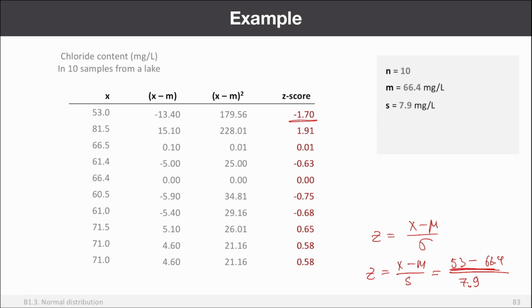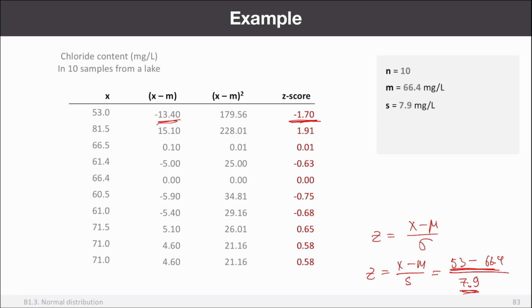This distance, minus 13.4, divided by 7.9, will be exactly minus 1.70. Then I simply compute the z-scores below. You can see that all z-scores lie within minus 2 and plus 2. That's expected because you remember that 95.5% lies between minus and plus 2, and I have only 10 values, so it's very unlikely I will get beyond this 95.5%.